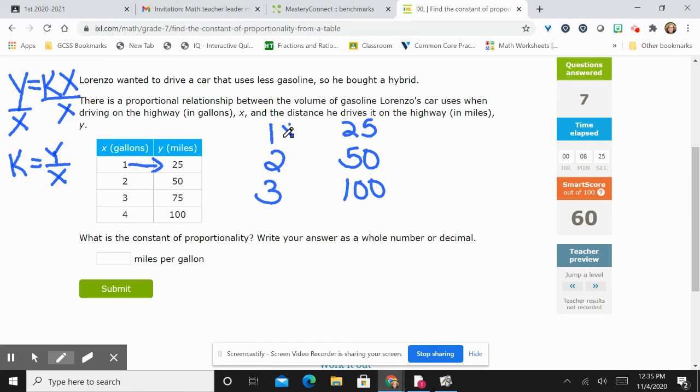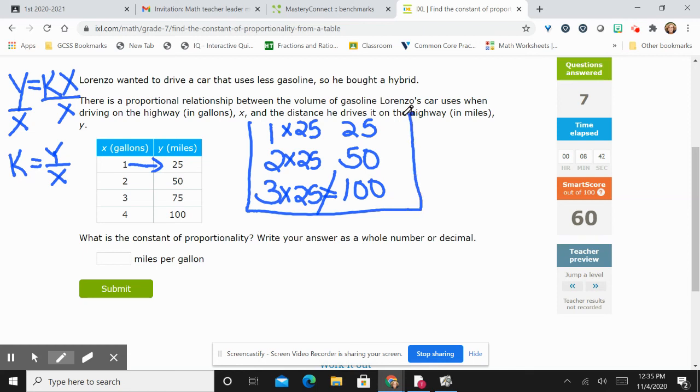So 1 times 25 is 25. 2 times 25 is 50. 3 times 25 is not 100. So if this were the table that we're talking about, would you say, yes, that's a proportional table? No. Now, this one is, because 3 times 25 is 75, 4 times 25 is 100.